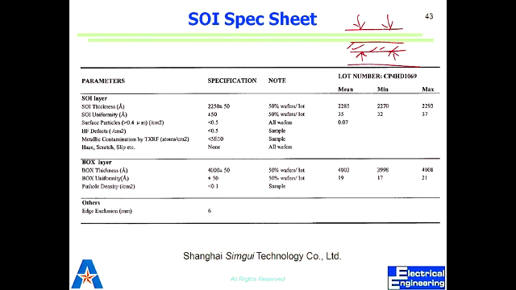It's 4,000 angstrom with 50 angstrom non-uniformity across the wafer. So the spec sheet of SOI has more information than simple silicon, including the thickness and uniformity.